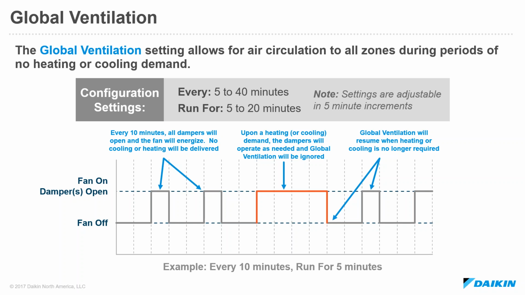And then 10 minutes later, that same sequence will happen, all the dampers will open and the fan will energize. Once we hit that red portion of the graph here, if there's a demand for heating or cooling, then this global ventilation algorithm becomes ignored. The DZK delivers heating or cooling capacity to meet the demand as needed.